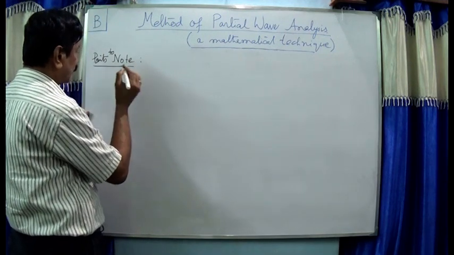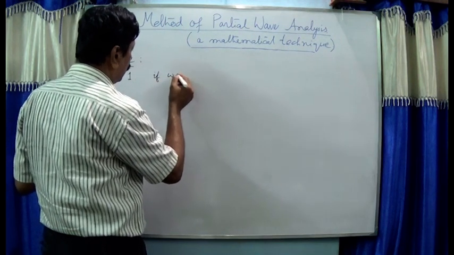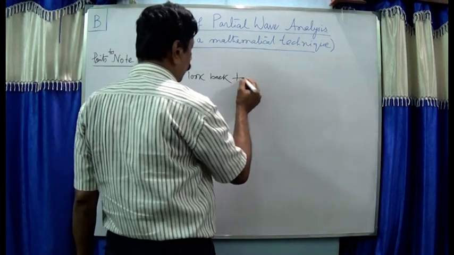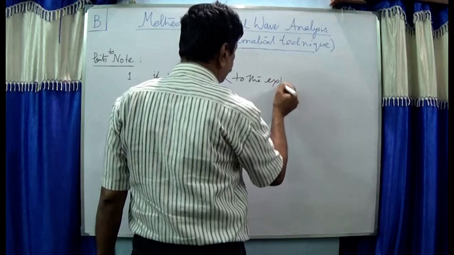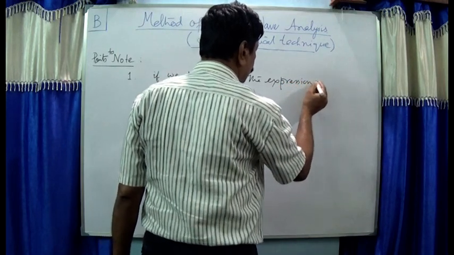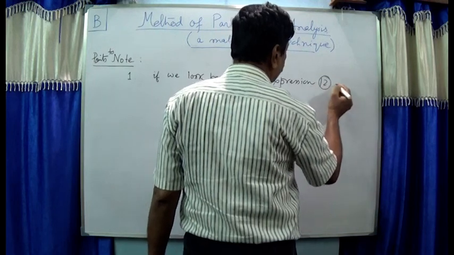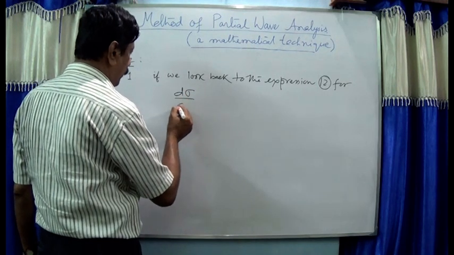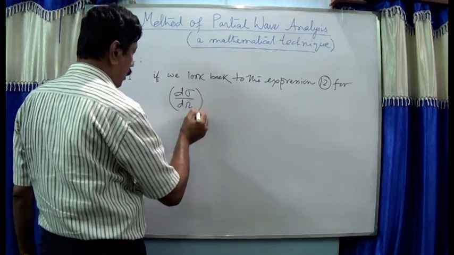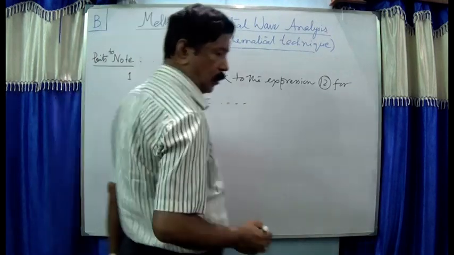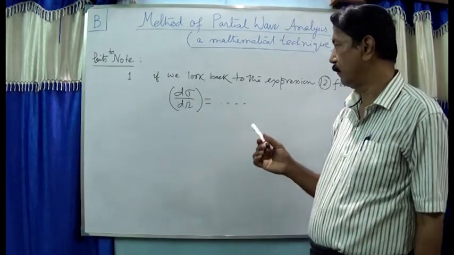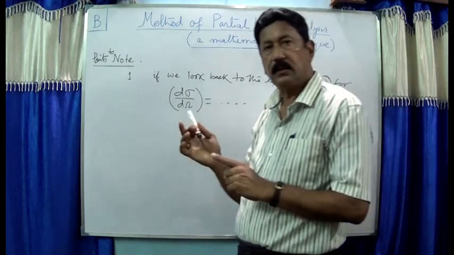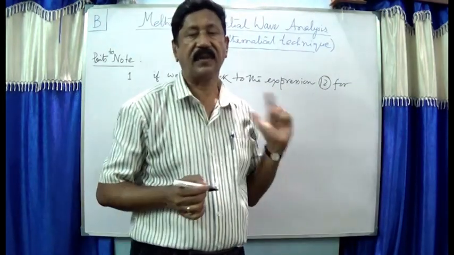One, if we look back to the expression for the differential cross section, I mean d sigma d omega, this expression contains a physical effect of interference.